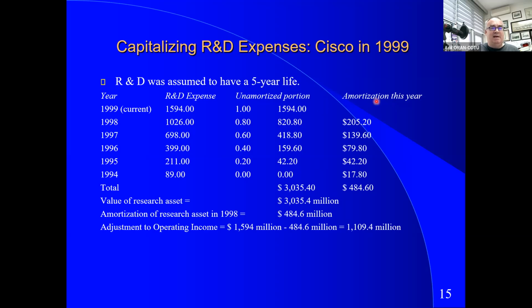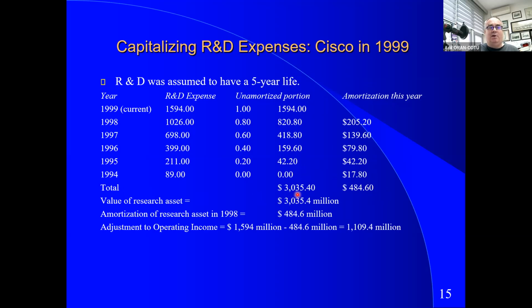So adding these up, this is how much you would have from amortization of the R&D asset. And this is the expense which would be disappearing. Okay, or sorry, this is the R&D asset which would still be on the accounting records for this company.